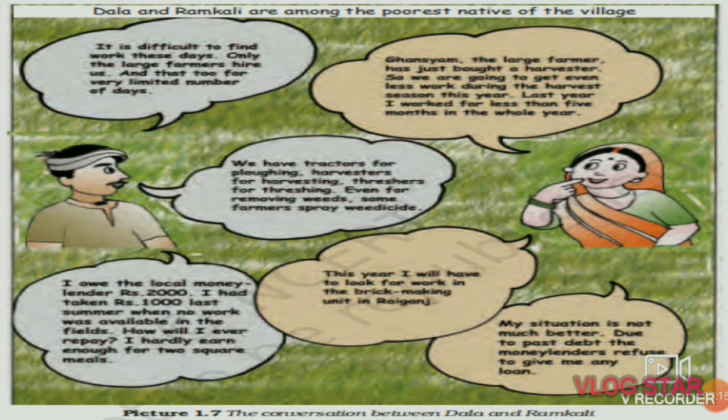Last year I worked for less than 5 months in the whole year. So here Ramkali says that the large farmers have just bought harvesters, machines which have replaced the laborers, and that's why we are working less. Next, Dala says we have tractors for plowing, harvesters for harvesting, threshers for threshing, and even for removing weeds some farmers spray weedicides.